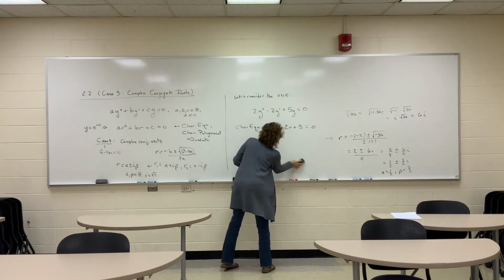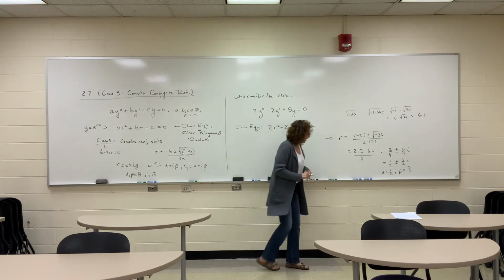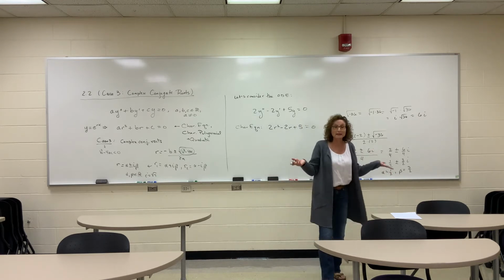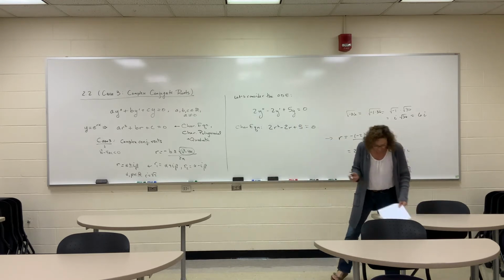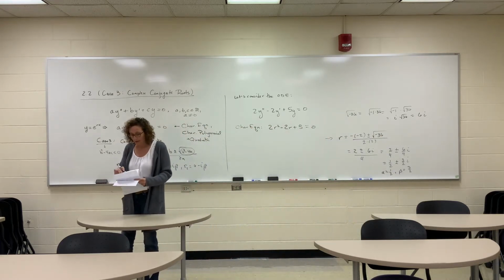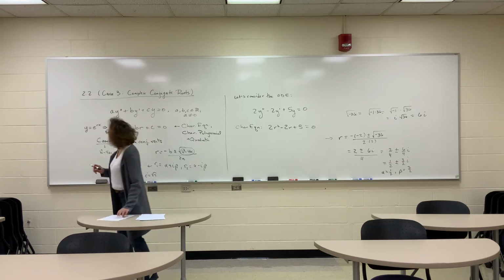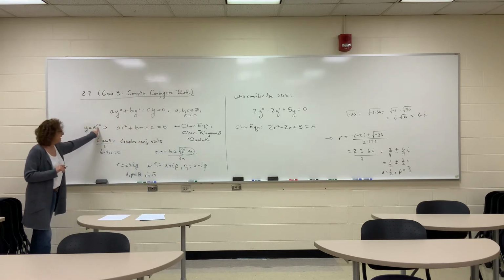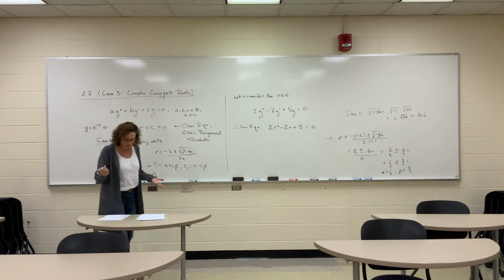Okay, well, what do we do with that? That's not wonderful, because the idea is we're going to put that r up here, and that's going to give us complex valued solutions, right?